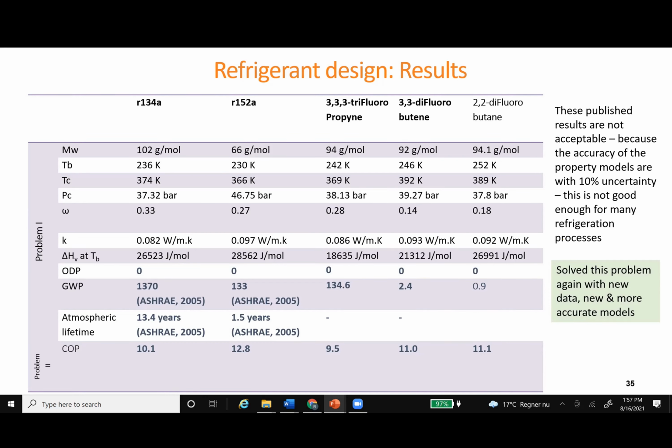What we will see is that the global warming potential seems to be very low for the last two compounds, and even compared to R134A, all of them seem to be very good. The efficiency also seems to be high, but there is a serious problem that we will discuss in the third lecture.